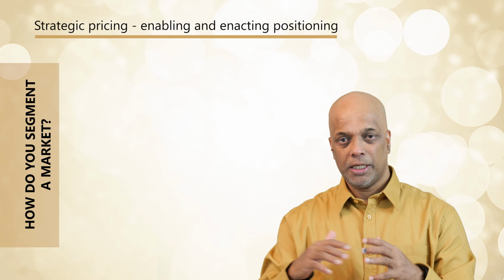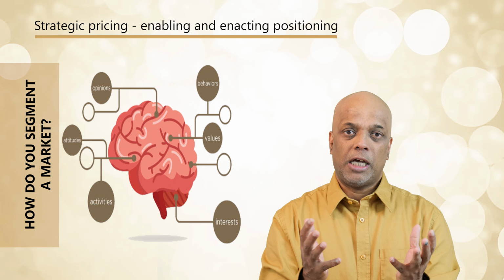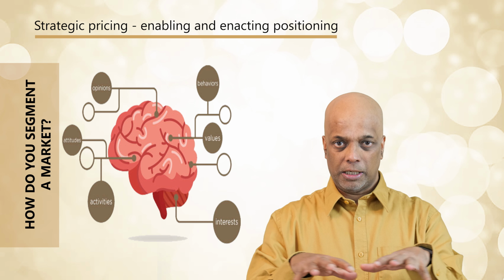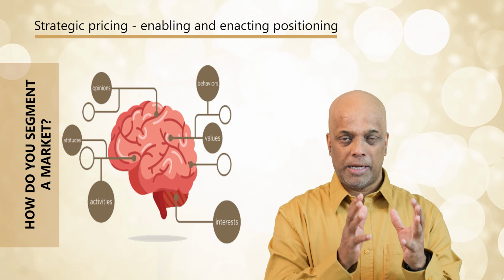And then the third segmentation variable may be psychographic segmentation. So you may use different psychographic variables to segment the market, for example, customer attitudes, value systems, belief systems, and personality, and so on. So on that basis, you segment the market. And ultimately, the fourth variable according to which you may segment your market is behavioral.